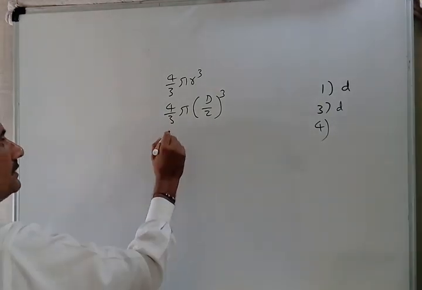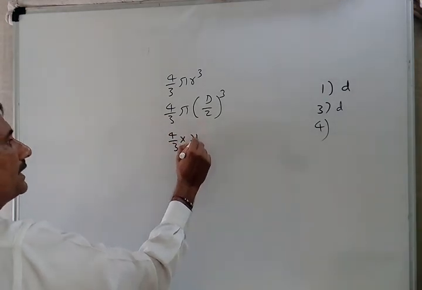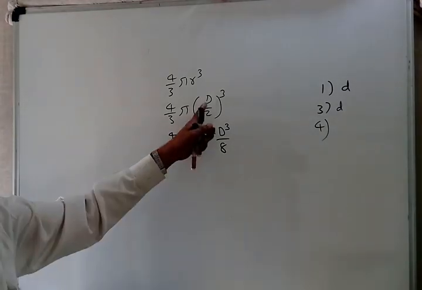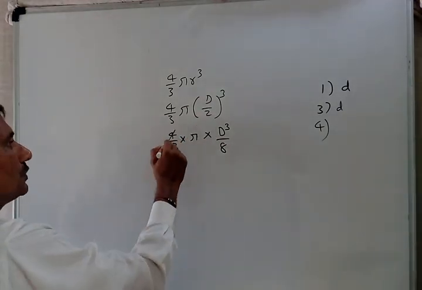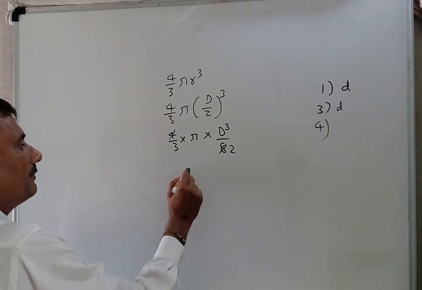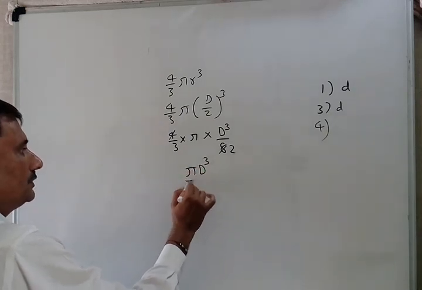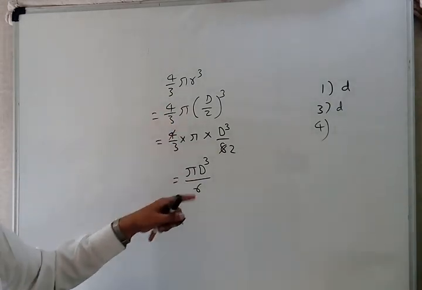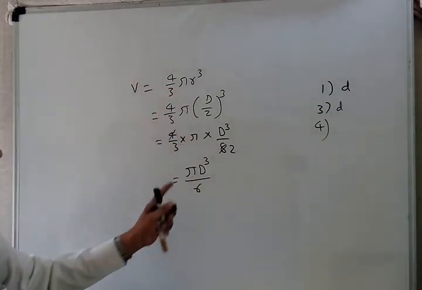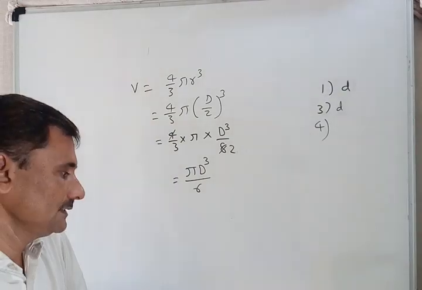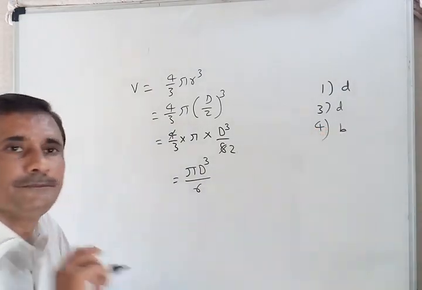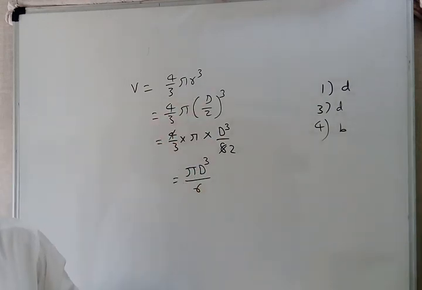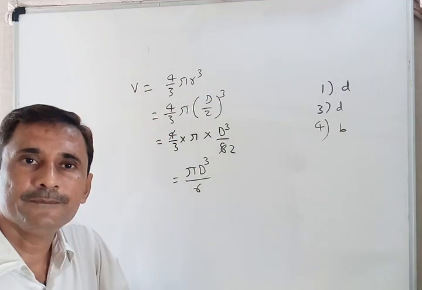Now just simplify: 4/3 into pi into D cube upon 8, D cube upon 2 cube. 4 goes into 8, so what is left? Pi d cube upon 3 into 6. So the volume of the sphere becomes pi d cube upon 6. So the answer is B. I just replaced R by D by 2. Why? Radius is equal to half the diameter.